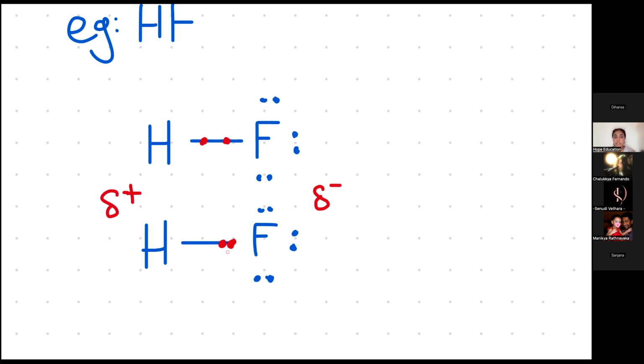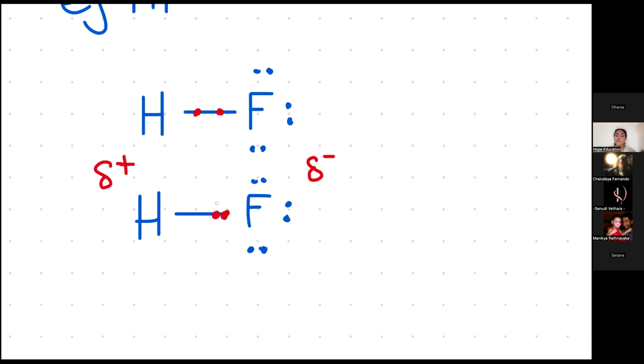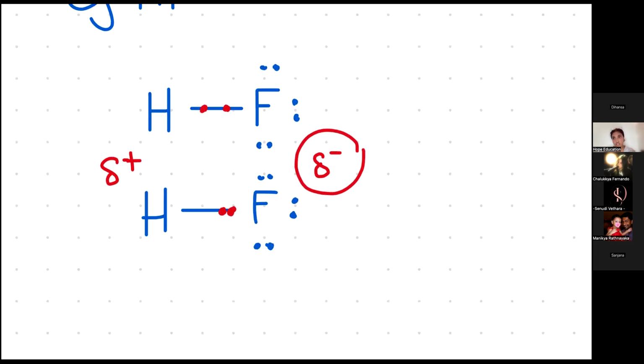Therefore, these two electrons stay close to fluorine, and electrons are negatively charged. So fluorine gets a partial negative charge. This is not a real negative charge, because the electrons did not break away and move to fluorine. It's just that in the bond they come a little closer to fluorine.